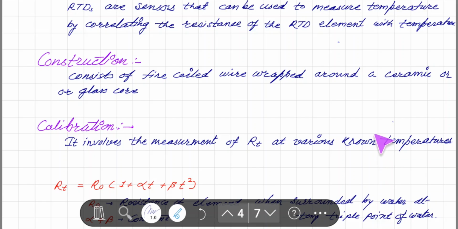That is called calibration. Now the resistance RT measured at a particular temperature is related by RT equal to R0 into 1 plus alpha T plus beta T square, where R0 is the resistance of the platinum wire, alpha and beta are constants and T is the temperature of that particular RTD.